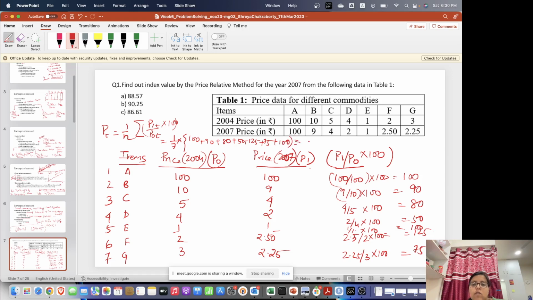So then if we calculate this, how much is the price index coming? If we add everything, this is 620 by 7.